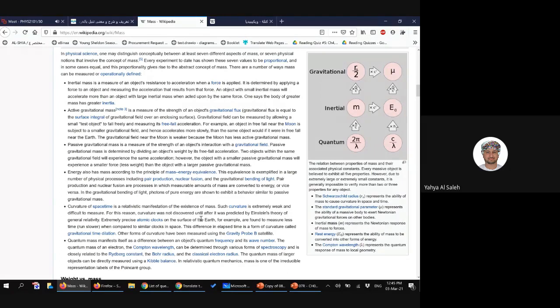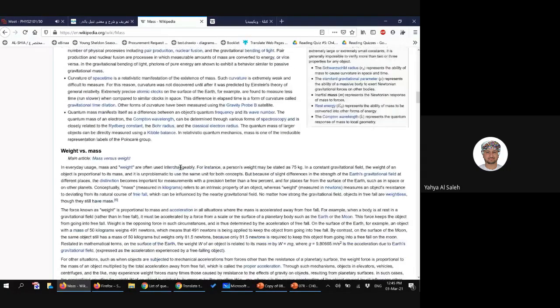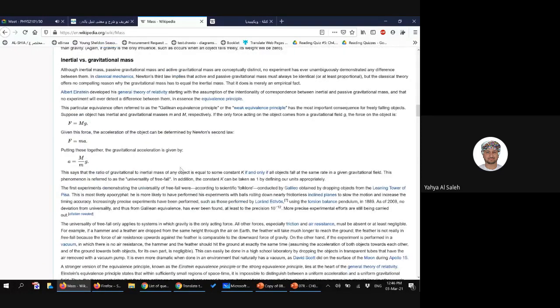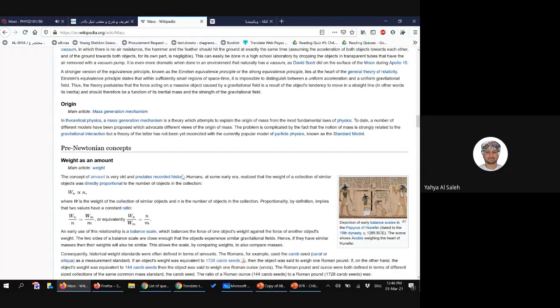If you're interested in these things, you can speak to me or just go to Wikipedia. There are some very interesting things like gravitational mass, inertial mass, quantum, and how they are related to each other. It's a very, very interesting concept.